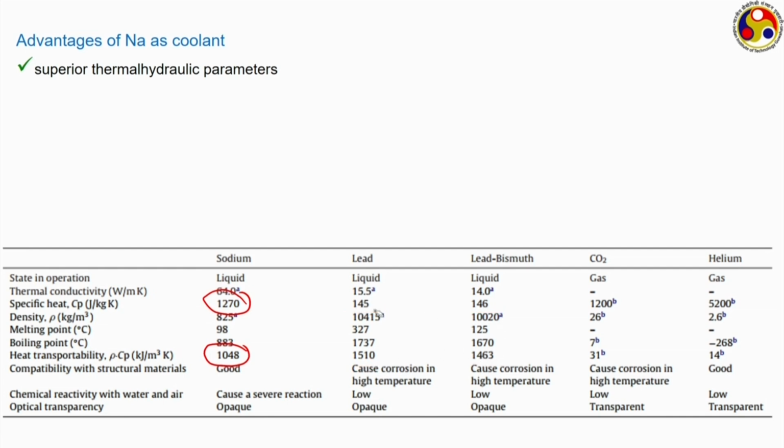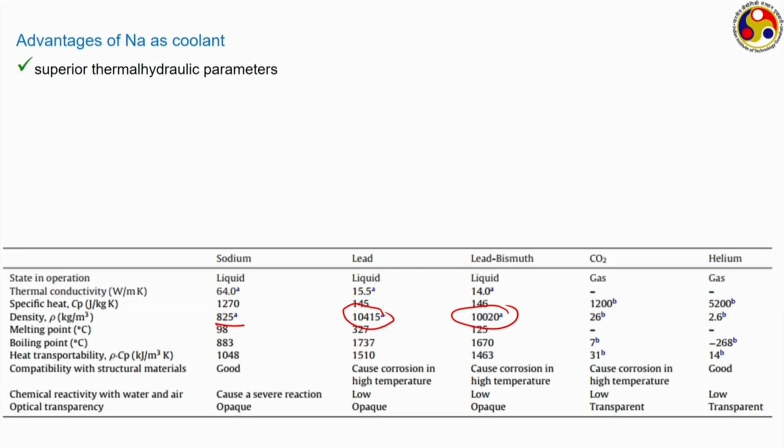Another big issue that we may have using liquid lead as the working medium: sodium is a very light metal. So, look at the density of sodium, it is around 825 kg per meter cube and this is 10,000. So, it is about 12 to 14 times more dense compared to sodium, and as the density is much larger, in that proportion the pumping power needs to be enhanced.